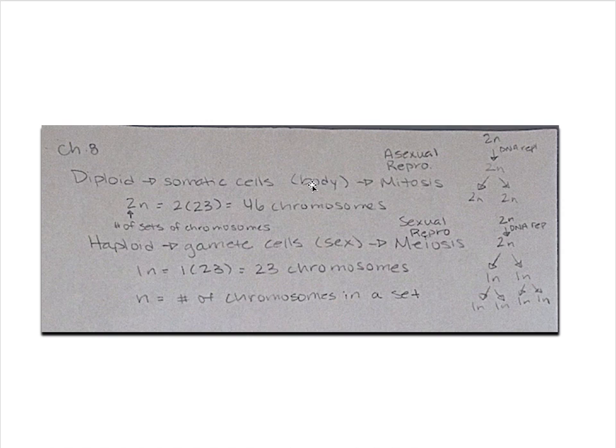And these somatic cells or diploid cells are created through asexual reproduction, through mitosis. And diploid cells are always denoted 2N.